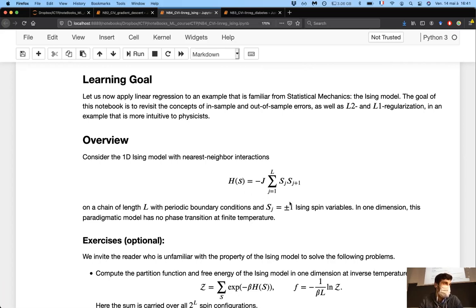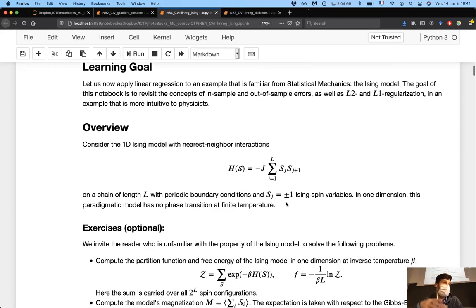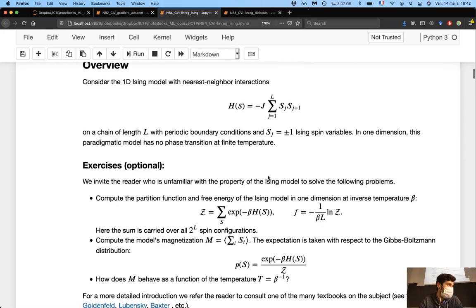It is described by binary variables, a vector of size L, which is the number of spins. The probability distribution describing this random system has the form of what we call the Gibbs-Boltzmann distribution, which is written explicitly here. It is this exponential form where beta represents an inverse temperature.